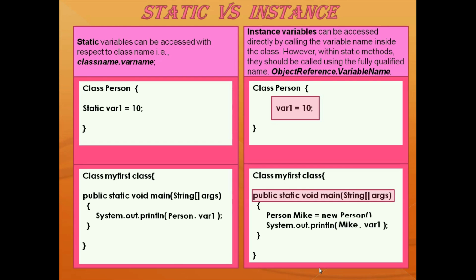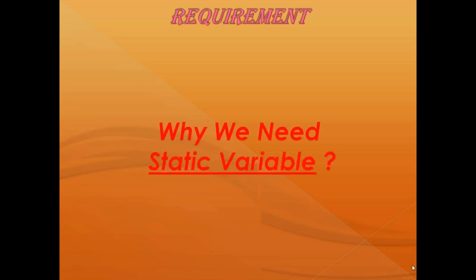So, I hope now you have the basic idea of static variables and why they are different from instance variables. Now let's try to understand why we need static variables with the help of a simple problem.